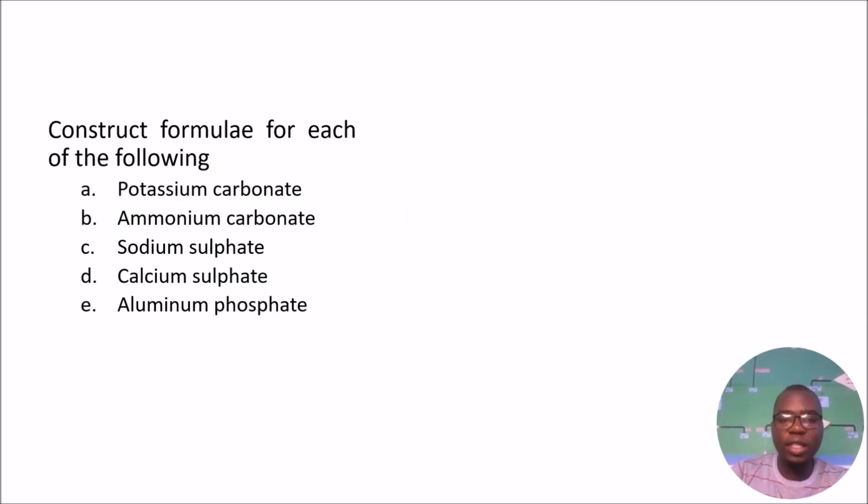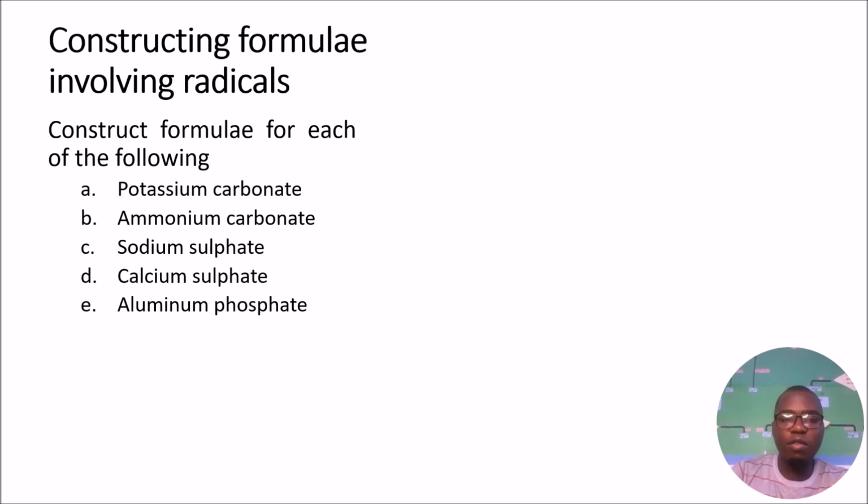Let's look at formulas involving radicals and see what we will come up with. So please, it's about following the rules. Make sure you understand the rules and everything will be okay. So let's read here. Again, let's start our A from here. So here it says potassium carbonate.